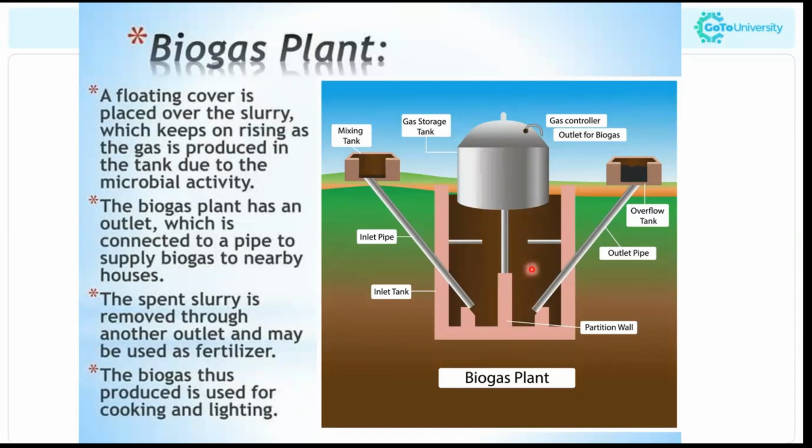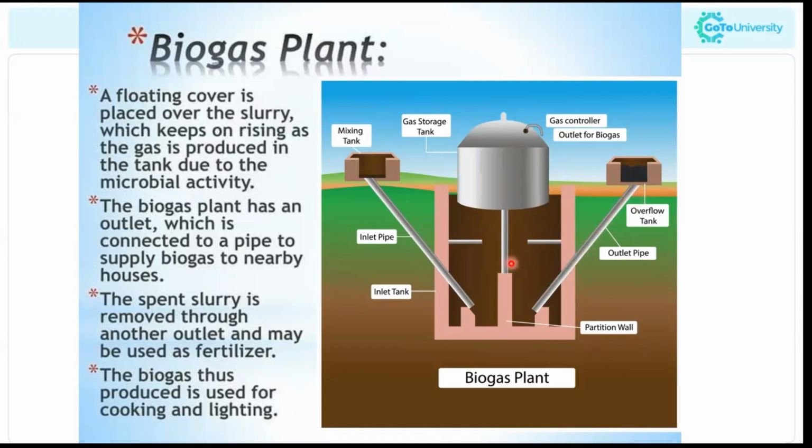A floating cover is placed over the slurry, which keeps on rising as the gas is produced in the tank due to microbial activity. The biogas has an outlet which is connected to a pipe to supply the biogas to nearby houses. And the spent slurry is removed through another outlet and may be used as fertilizer.